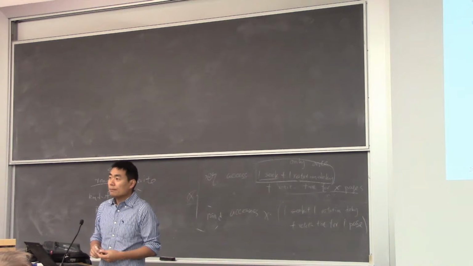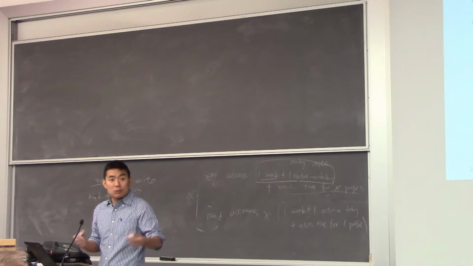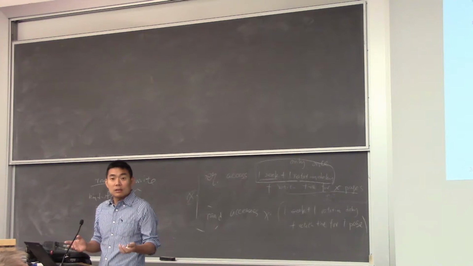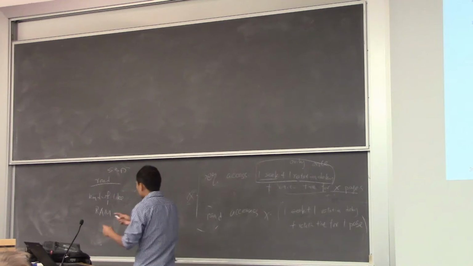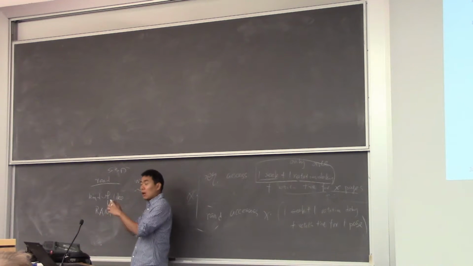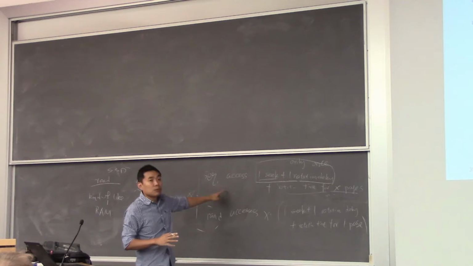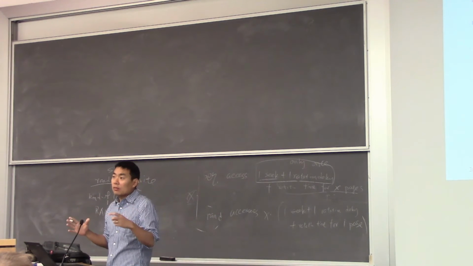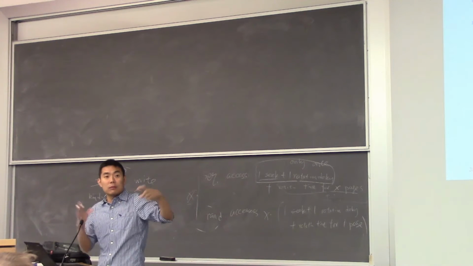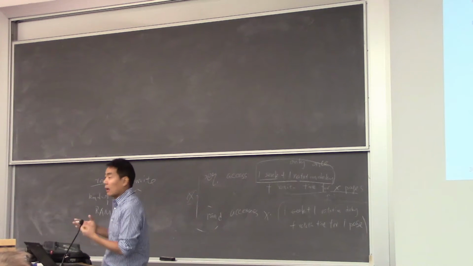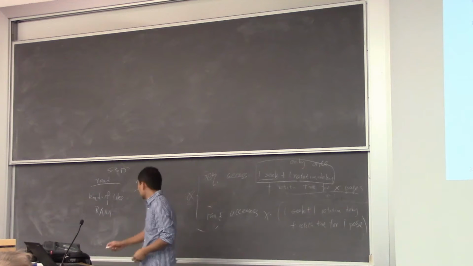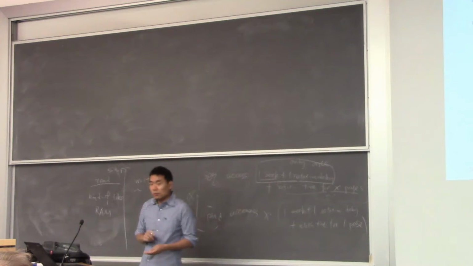Okay? That's why SSD is much better than hard drive for reading. Furthermore, the cost of reading one page of data from SSD is much smaller than reading one page from disk, slightly bigger than reading one page from main memory. Other than that, it behaves like a RAM. So that's for the read part.